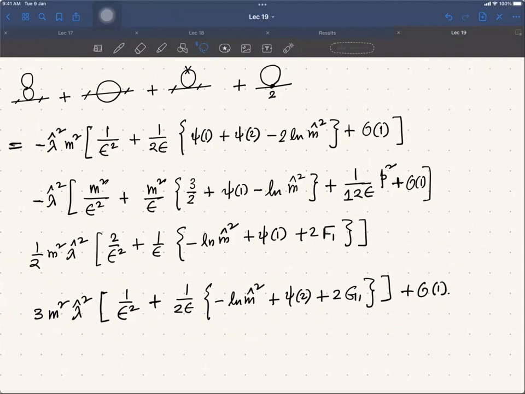Now, one can easily see that between the first and the third diagrams, the double poles cancel. This term and this term are the same with opposite sign. That's because if you take this diagram, then it is the sub diagram. That sub graph was precisely getting cancelled.